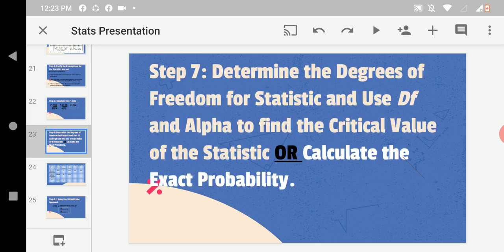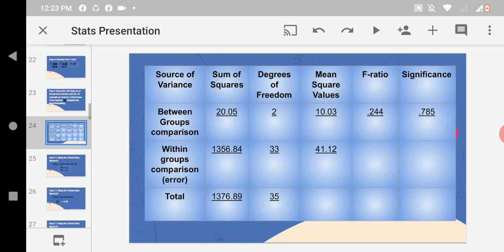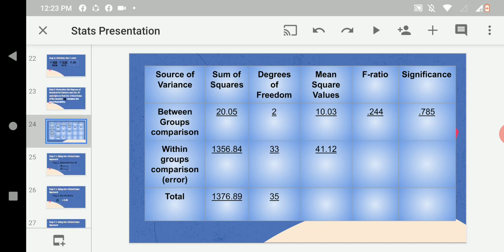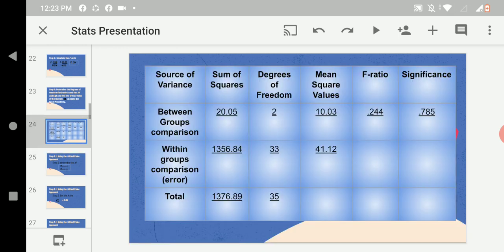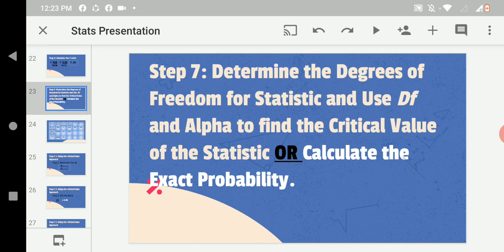Next, step 7. Determine the degrees of freedom for the statistics and use the DF and alpha to find the critical value of the statistics or calculate the exact probability. In this step 7, we have to find the critical value, and there are 2 ways.